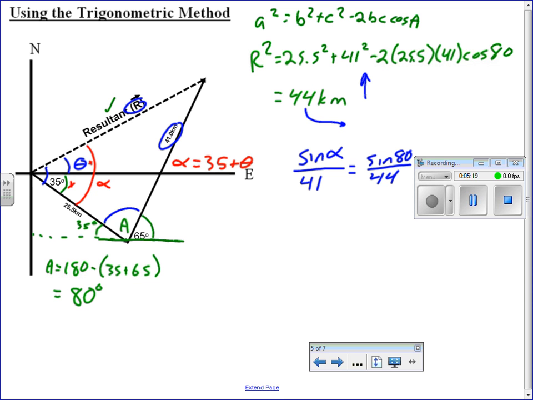It's not exactly 44. Keep the full set of decimals just to make sure your angle calculation is accurate. There might be a rounding problem. If it's really close to halfway, you can run into trouble. So we solve this, and we get alpha. Let's take 2 steps here. Multiply both sides by 41 to get sine alpha equals 41 sine 80 over 44.